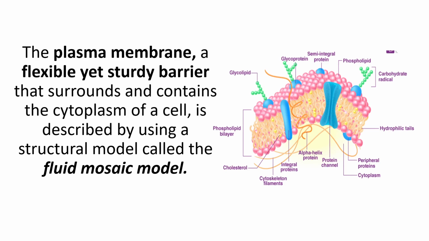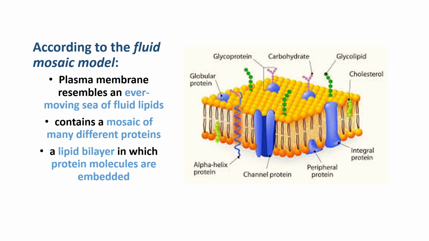According to the fluid mosaic model, the plasma membrane resembles an ever-moving sea of fluid lipids. Why is it so? Because the plasma membrane is made up of lipid bilayers, and lipid bilayers are fluid and fatty in nature, so they resemble a moving sea of fluid lipids.